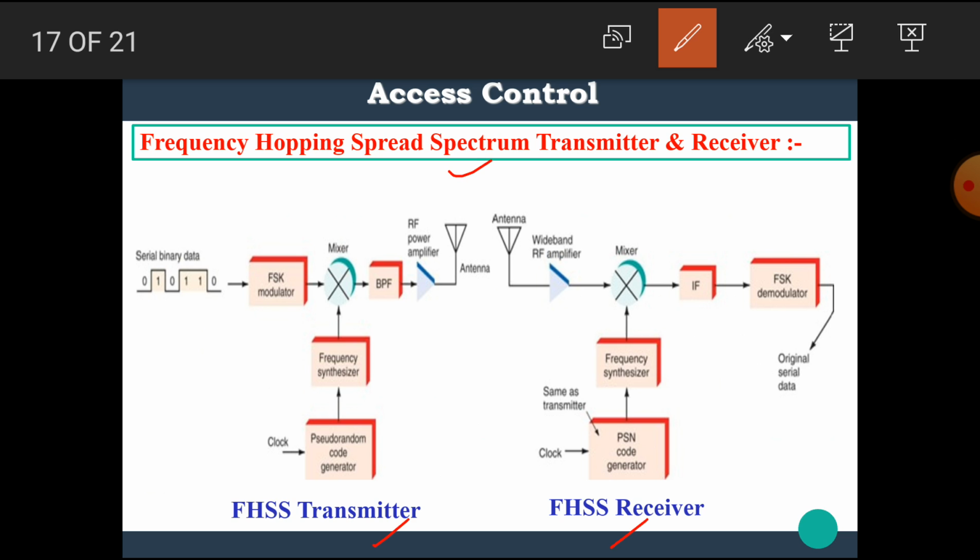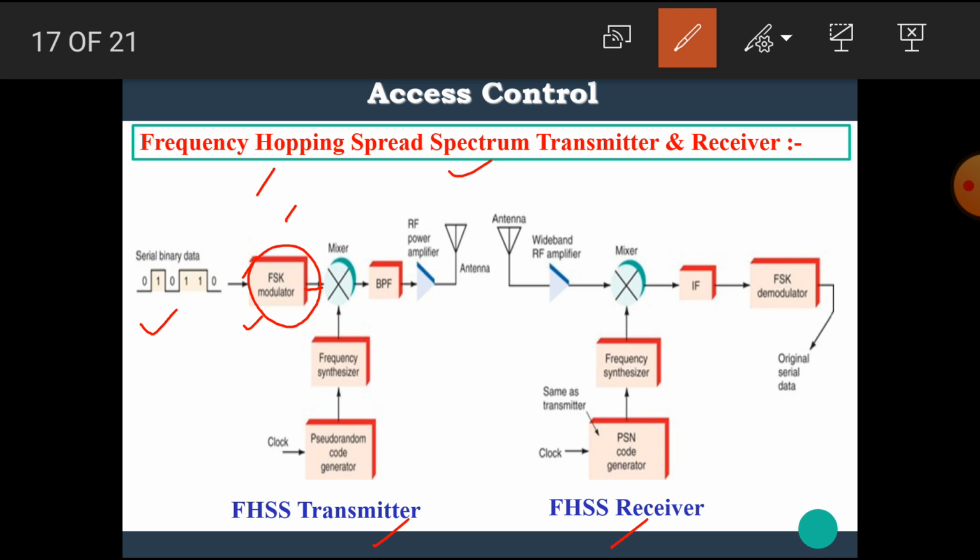In this diagram, we can see that the serial binary data is given to the FSK modulator. Remember that this FSK modulator is a two-tone frequency modulator. That means the output of this frequency modulator contains two frequencies, two sine waves having two frequencies.